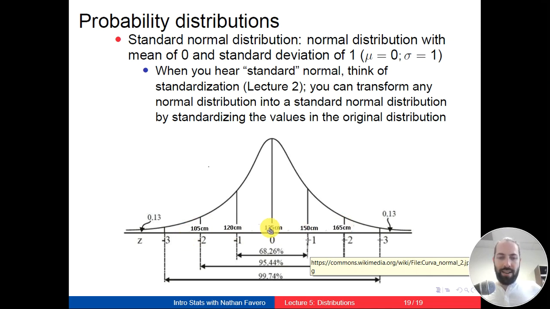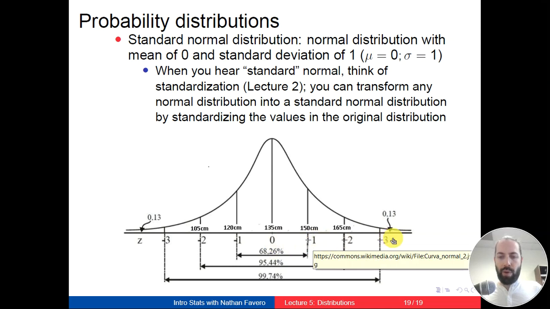It looks like they're measuring things in centimeters. And so you can see that the original distribution had a mean of 135 and a standard deviation of, what's 150 minus 135? I think that's 15, right? A standard deviation of 15 centimeters. So we took these original values, we standardized them so that there would be a mean of 0 and a standard deviation of 1. And now if we relabel it with these numbers at the bottom, we have the standard normal distribution.